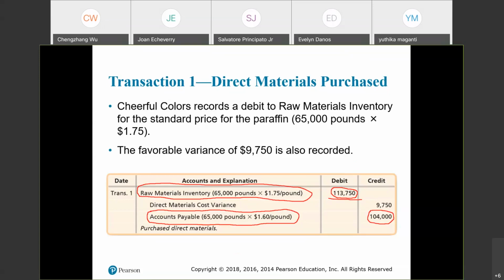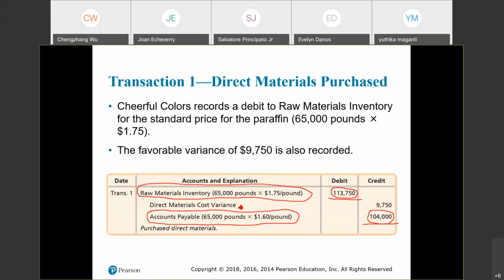And in contrast, this amount, $104,000, is the actual amount that you paid to the suppliers. Well, here is the difference.